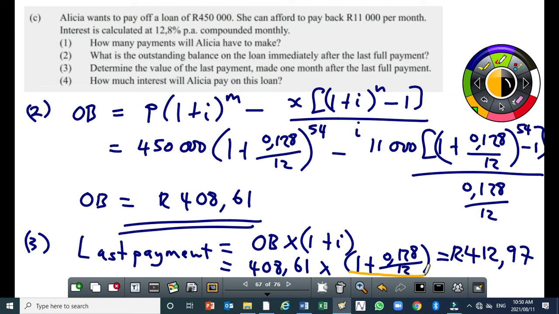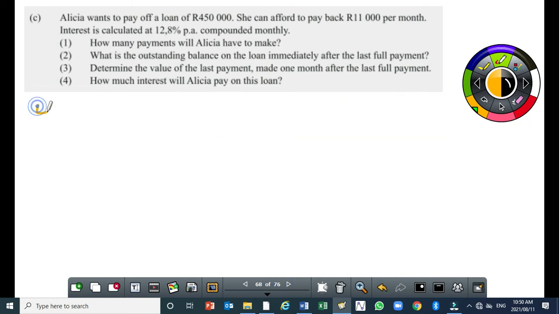Then number 4, how much interest will Alicia pay on this loan? How much interest is she going to pay? Now, here, you need to be aware that the last payment, you have to include it. Okay? We have to include it. So, if I go to the next page, I'm doing number 4 now. Remember the formula for calculating interest.